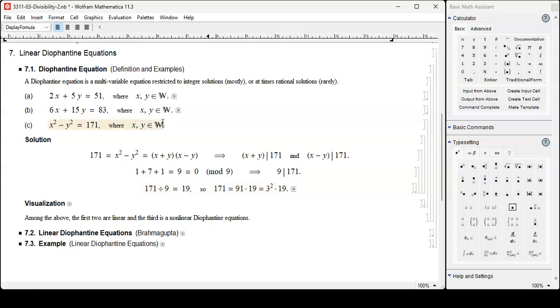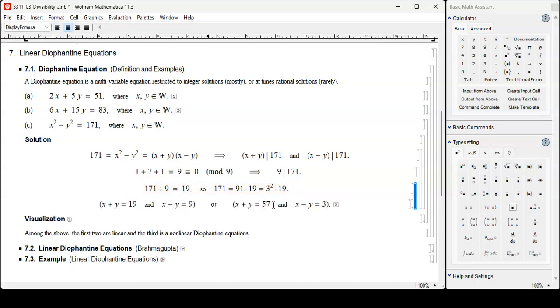And within W, clearly x plus y is bigger than x minus y. So x plus y must be the bigger factor, and x minus y must be the smaller factor. And they multiply into 171. So we can see 19 times 9, and then 19 times 3, which is, what is 9 times 3?